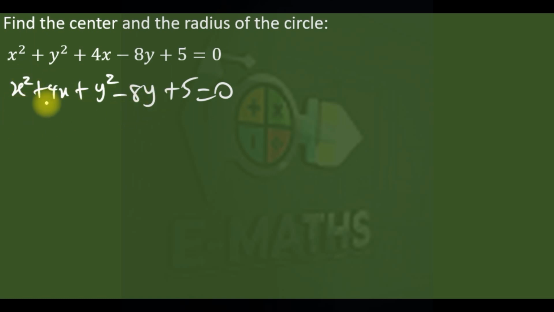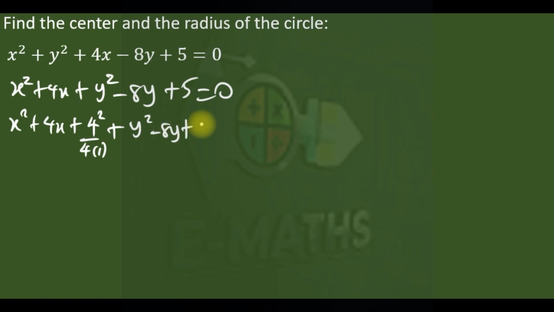So remember, I will add 4 squared over 4 times 1, because the coefficient here is 1, plus y squared minus 8y plus, I will add minus 8 squared over 4 times 1. So I've made this a perfect square, plus 5 equal to 0.